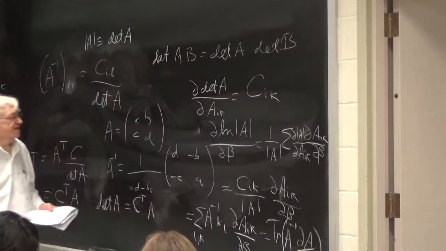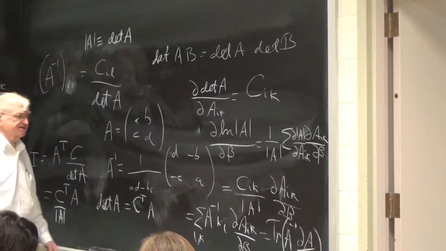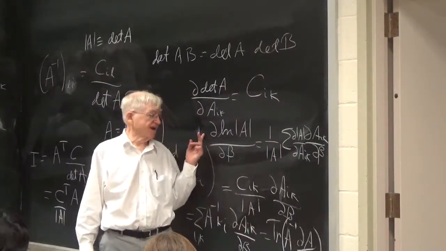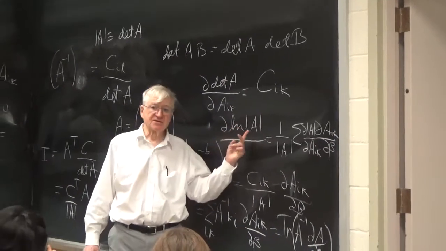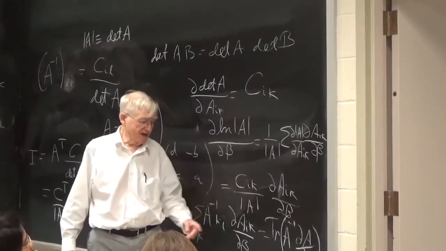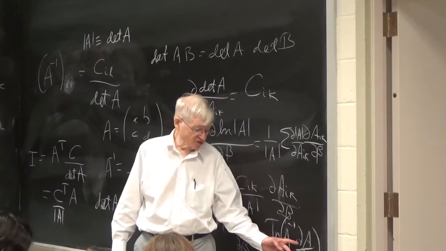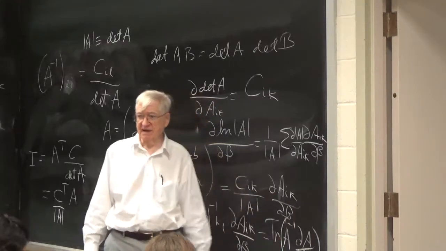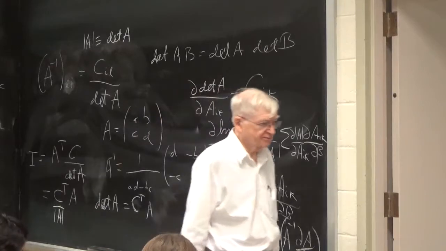Okay. So the bottom line then is, and this is a good relation to understand, the partial derivative of the logarithm of the determinant of a matrix is the trace of the inverse of the matrix times the partial derivative of the matrix with respect to whatever the variable is, say beta. That's an important relation.